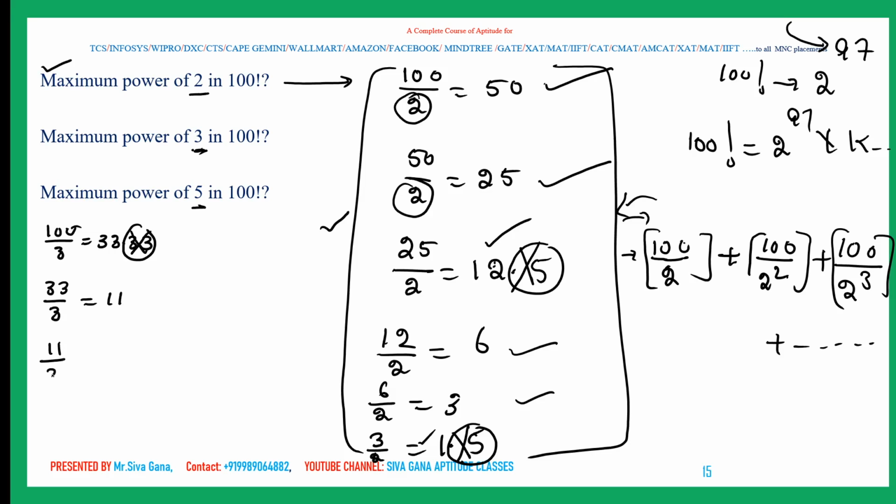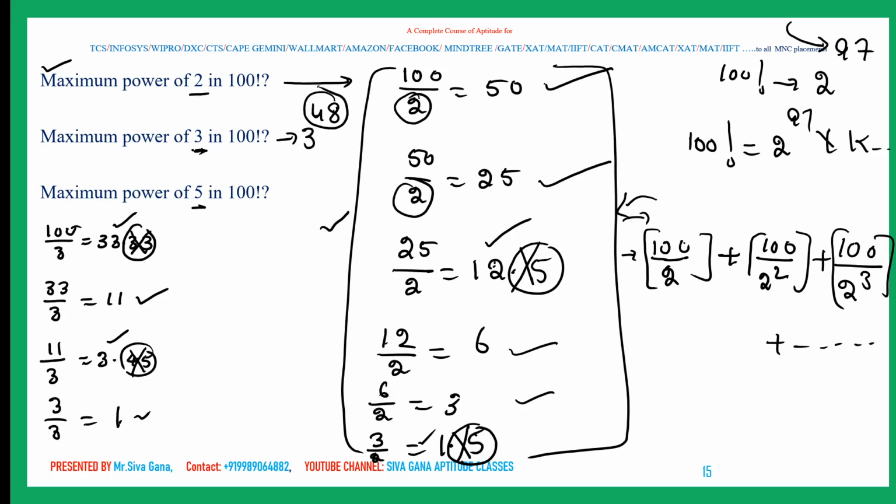Now 11 by 3 is 3.something, right? Neglect this decimal part. Now 3 by 3 is equal to 1. Now 1 by 3 we get 0 point something. So 33 plus 11, 44. 44 plus 4, 48. So the maximum power of 3 in 100 factorial is how much?